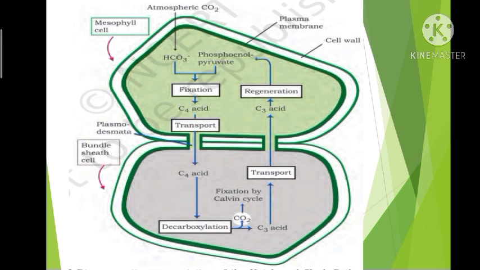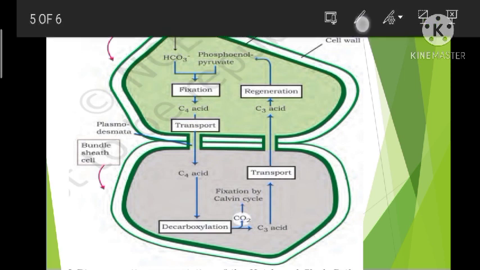The primary carbon dioxide acceptor in C4 pathway is a 3-carbon molecule called phosphoenol pyruvate. Okay, so you can see here it is the phosphoenol pyruvate which is the primary acceptor of carbon dioxide. Here you can see the carbon dioxide is present in the form of bicarbonate, isn't it?